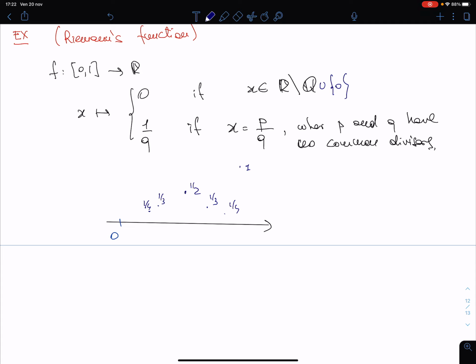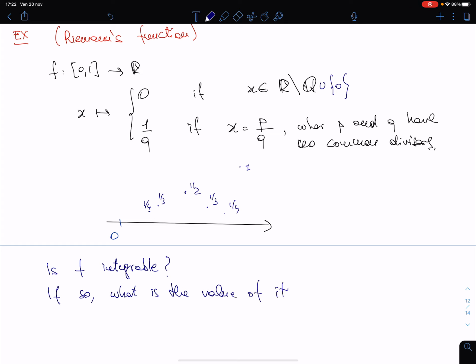So my question is: is Riemann's function integrable? And if so, what is the value of its integral? Okay, this is the question, and then we stop the example, and then we move on with the theory in the next video.